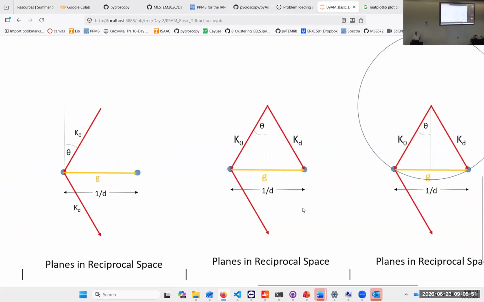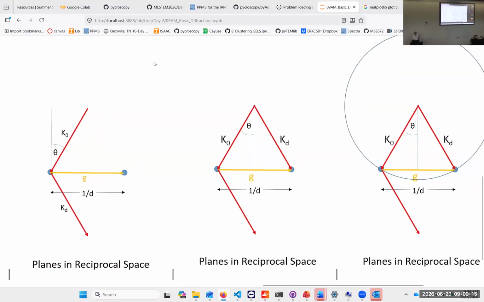Since they are vectors, you can shift this diffracted wave vector wherever you want, for instance to the beginning of the incoming one, and you have the correlation, the geometric approximation of Bragg's law.